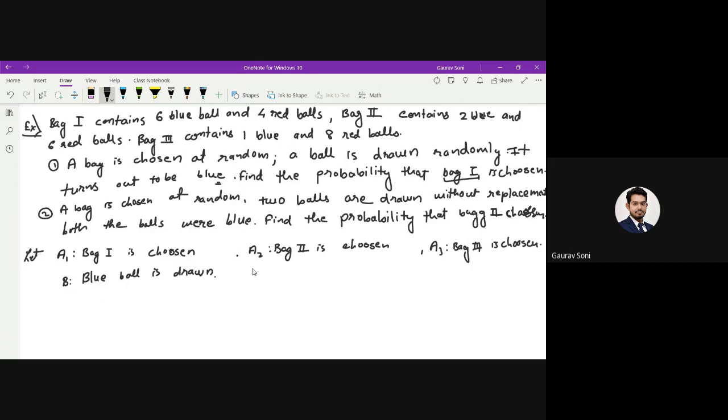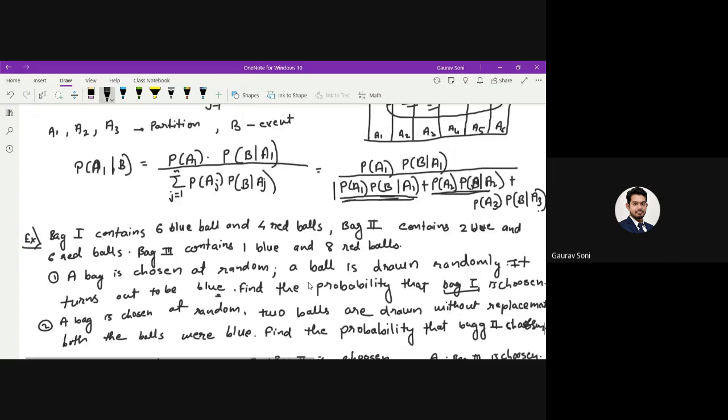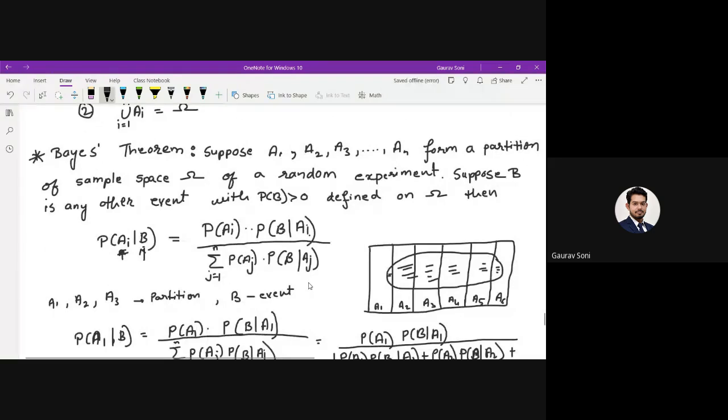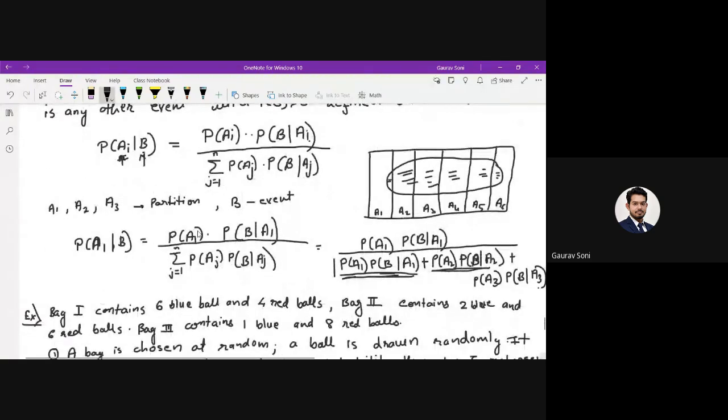Now using Bayes' theorem, but first of all, let's look at what we need in Bayes' theorem. We need the probability of each and every partition, right? So you need P of A1, P of A2, P of A3. Later we will have to find the probability that A1 has occurred, right? So for that purpose, we'll find the probability of A1, A2, and A3.